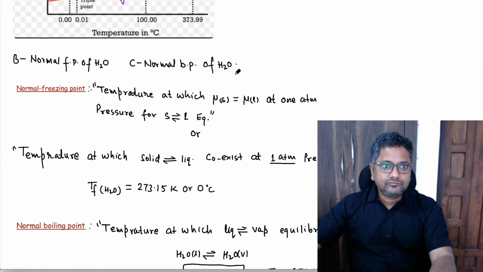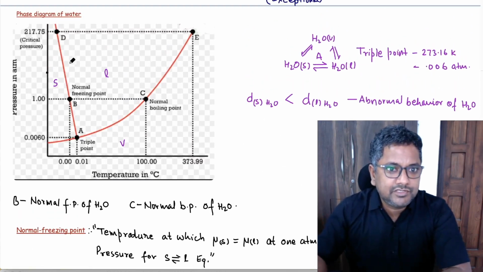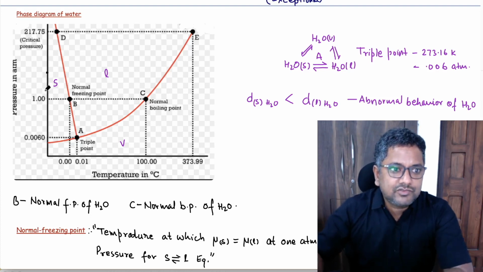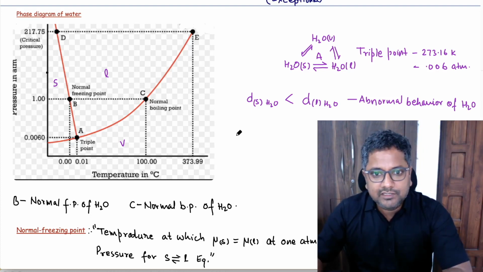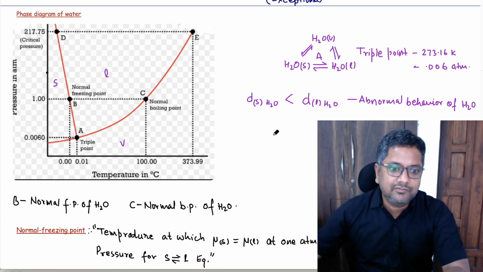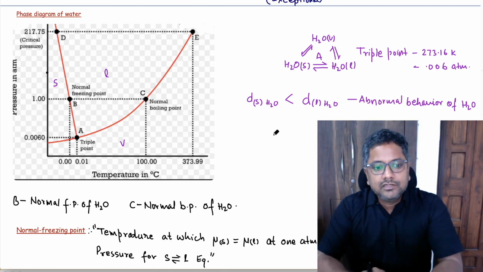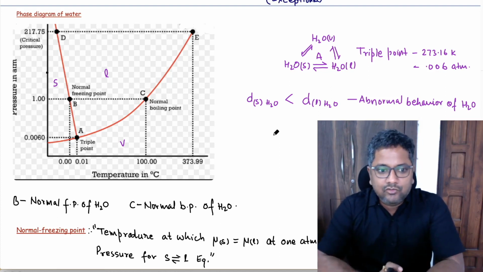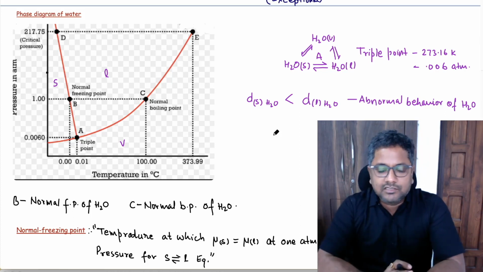If you study this graph, this is external pressure and this is the temperature. If we increase the external pressure, can you tell me any daily life phenomenon in which the external pressure is increased? The answer is pressure cooker. Putting the lid over the cooker exerts extra pressure on the surface.